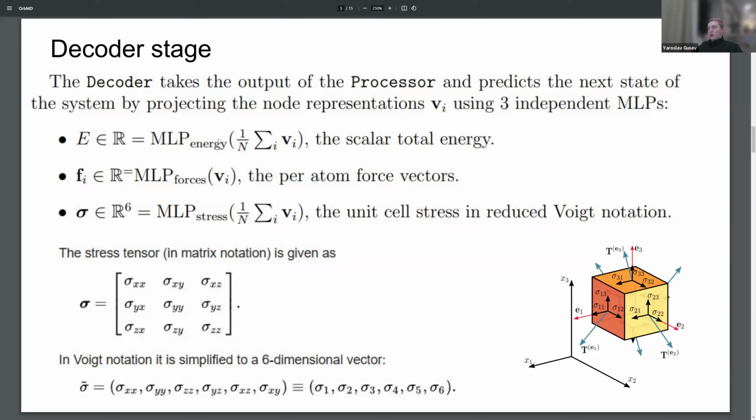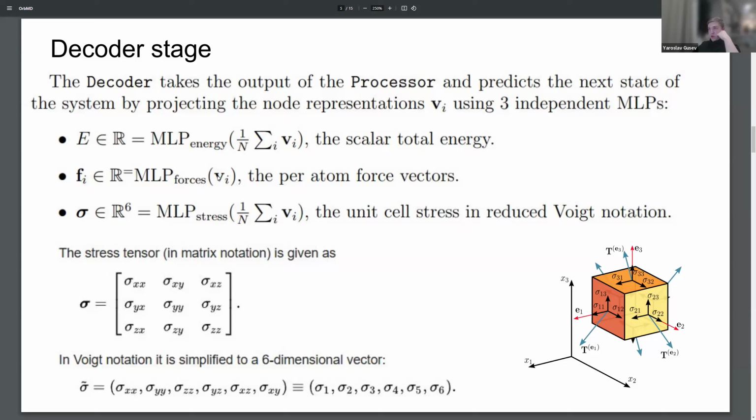This is done by another multi-layer perceptron. What's interesting is that they average over all embeddings of all particles in the system and then pass it into this trainable module that gives the energy of the system.